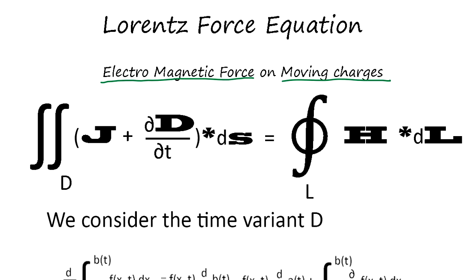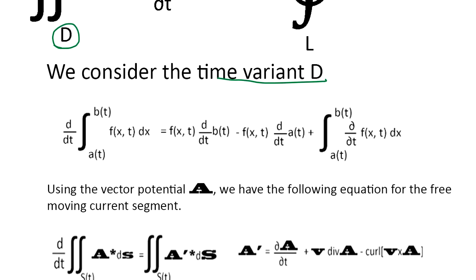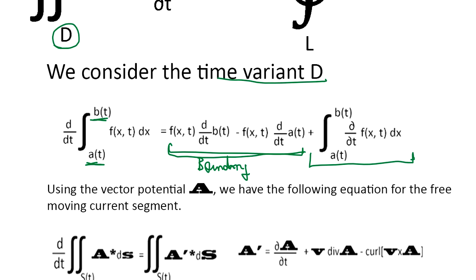This is Maxwell-Ampere's equation, and we consider the time variation of D, meaning the boundary is changing around, okay? And with time variation, we introduce the equation, which becomes like this. This is the boundary change, and this is the actual F variation by time, okay?